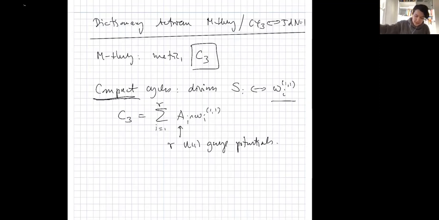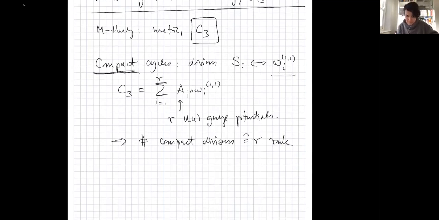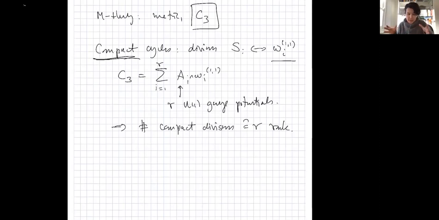I expand the C3 and I get these R U(1) gauge potentials. So in fact, the first thing that we can note here is that the number of compact divisors is the rank, R, of our theory in 5D. So this gives us basically a U(1) gauge theory. And that smells very much like a Coulomb branch.